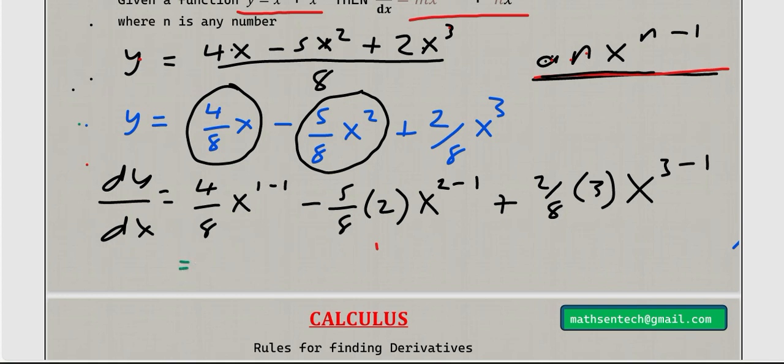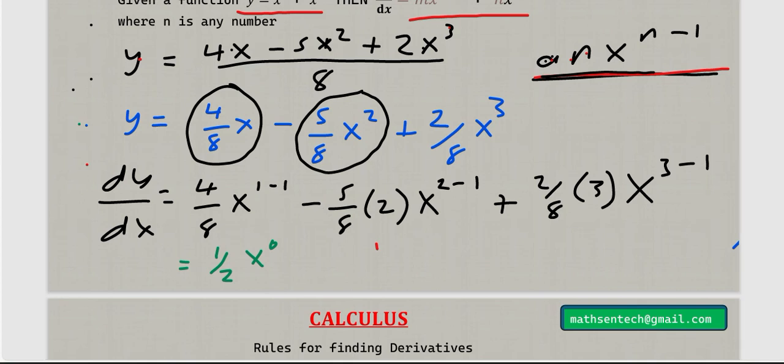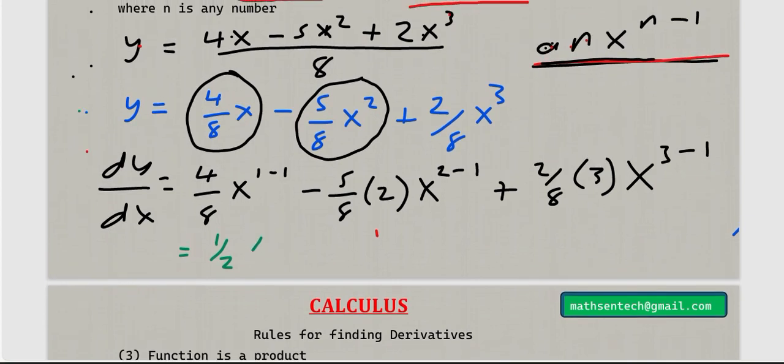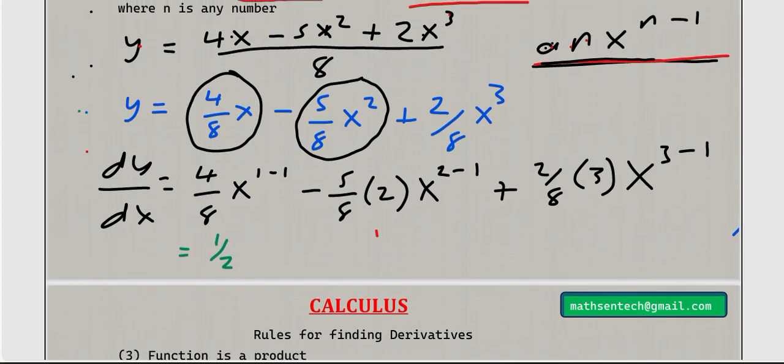So this will now be 4 over 8, which of course when you divide by 4, will be a half, 1 over 2, then x 1 minus 1 is 0. And remember we said when you raise any number to 0, it becomes 1. So instead of writing half x to the power 0, it's half times 1, which is still a half. Okay, so we don't need to write that. So a half minus.